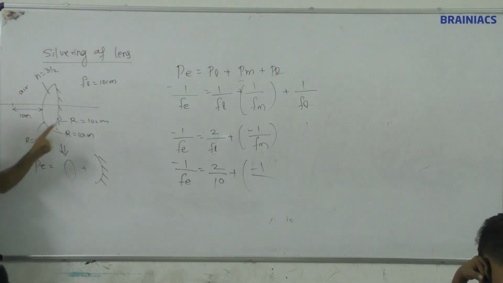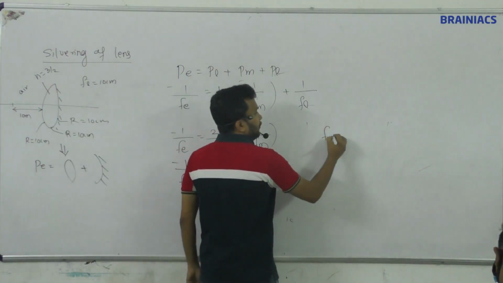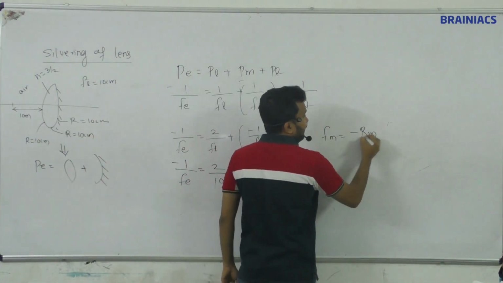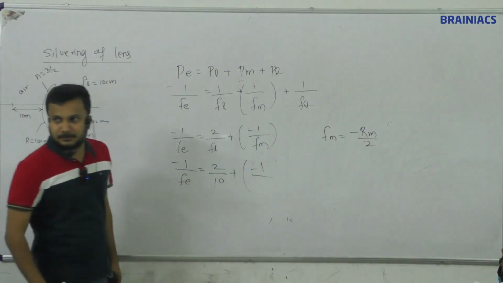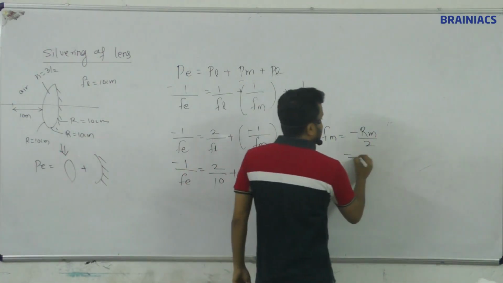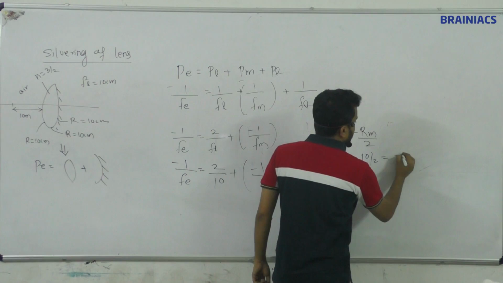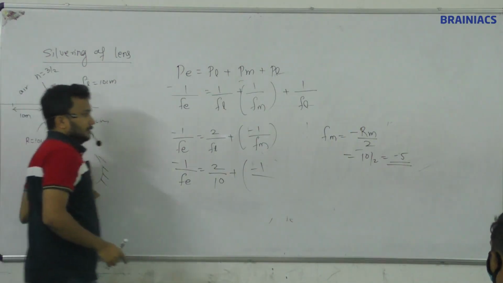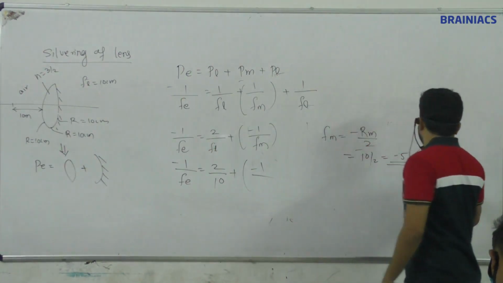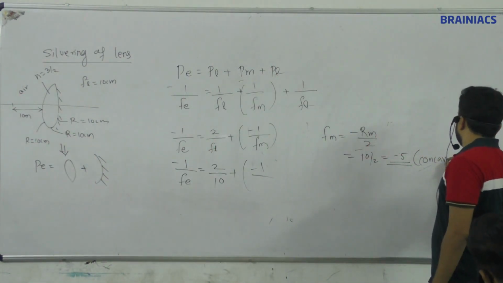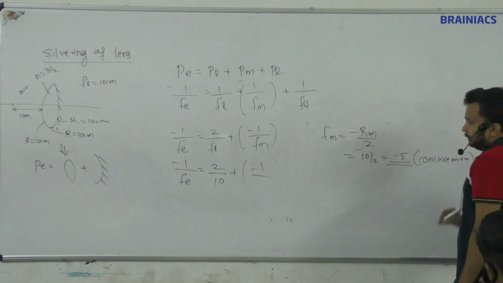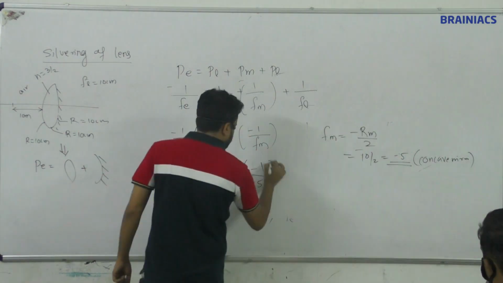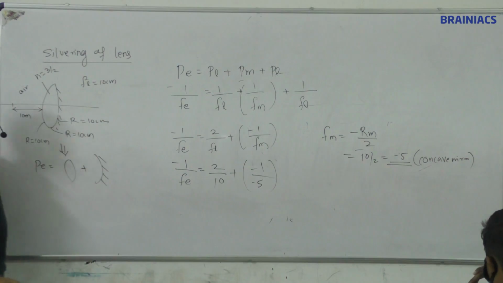So the focal length Fm equals, for a concave mirror, minus Rm by 2, which is minus 5, because it is what type of mirror? Concave mirror, so it's negative. We'll substitute minus 5 here. Solve it, and what are we getting?